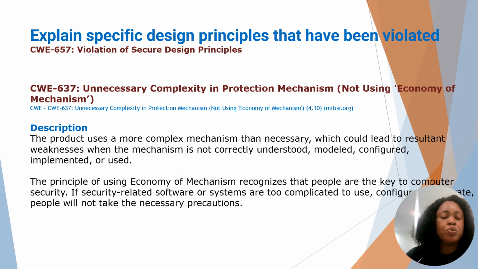And then this principle says that using economy of mechanism recognizes that people are the key to computer security. And if security-related software or systems are too complicated to use, configure, or understand, people will not take the necessary precautions. So the extended description says security mechanisms should be as simple as possible.